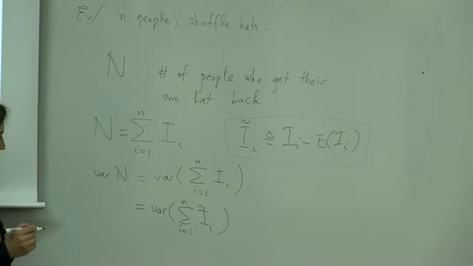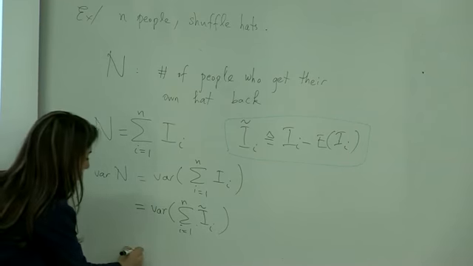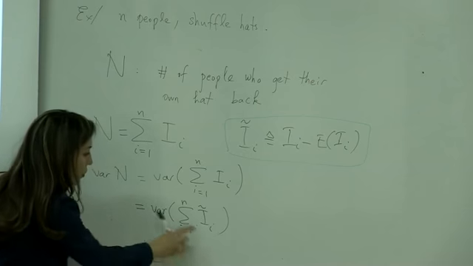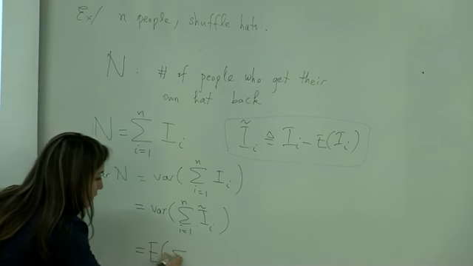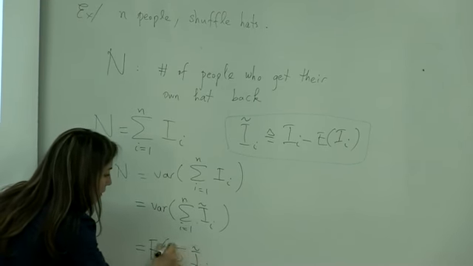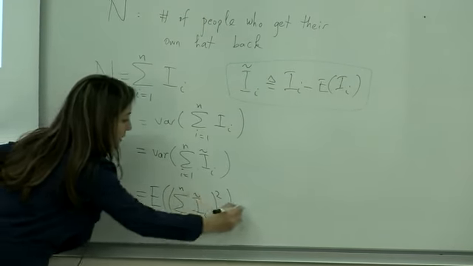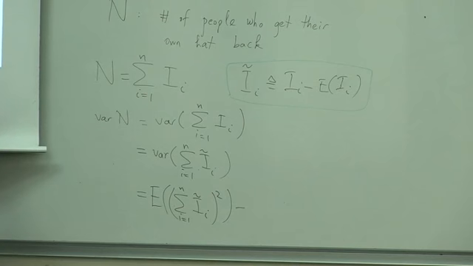So the variance of the sum of I tildes. What's next? What can I do? Well, use the definition of variance, right? Expected value of this squared minus expectation of the whole thing squared on the outside.